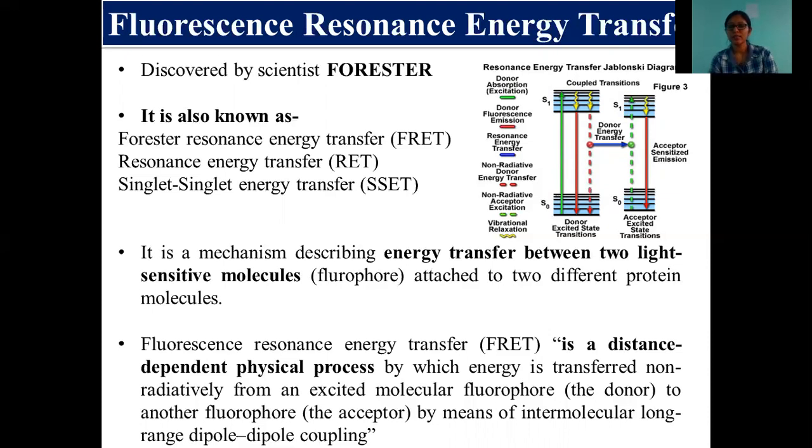A fluorescent molecule is made up of a number of electrons. It absorbs radiation of a certain wavelength and emits radiation of a certain wavelength. Before absorbing radiation, it is at the ground state. Once it absorbs radiation of a certain wavelength, it moves to its excited state.